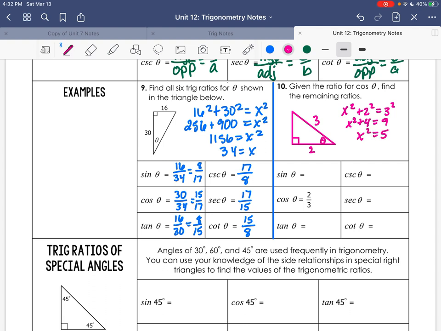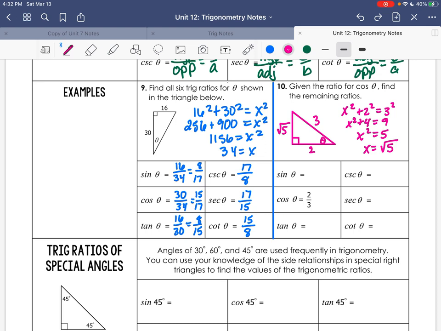All right, 5 is a prime number, so that means that the missing leg is the square root of 5. Yuck. Okay, but that's all right. So what we're going to do is we're just going to use this information. Oh, the 2/3 was right there. I was working too hard. Okay.